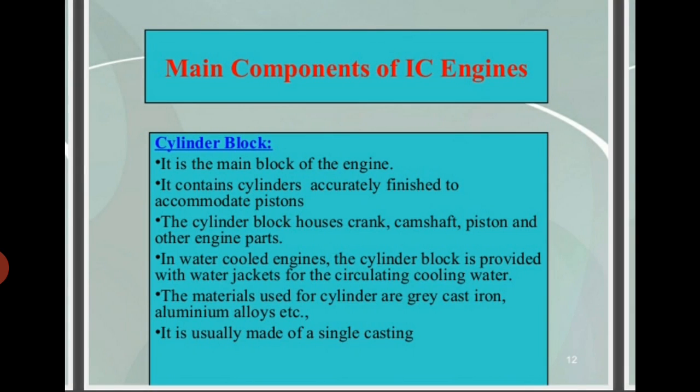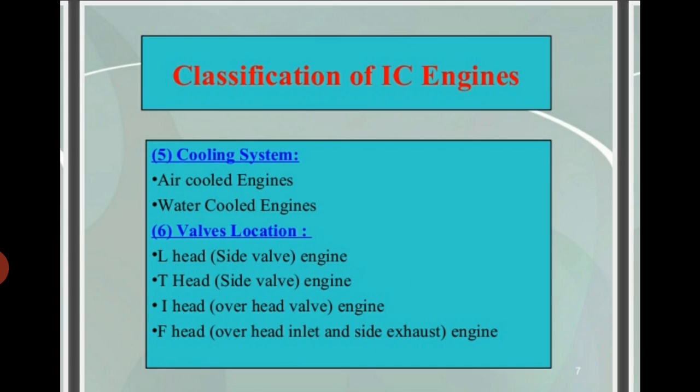Now, after these classifications of engine, whether it is a low speed engine, medium speed engine, or high speed engine, you can also study the engine on the basis of the component used in the heat engine.